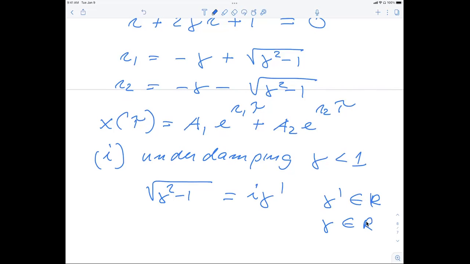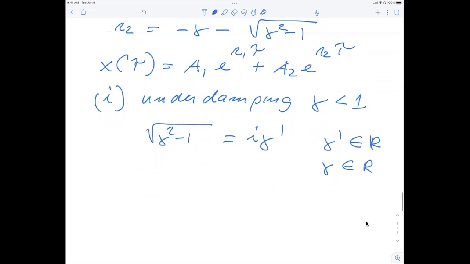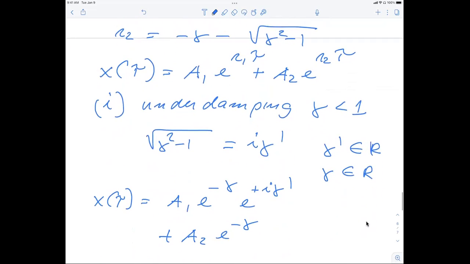So when we have this now, you see that we can rewrite the solution in terms of an A1. So our x of tau becomes equal to A1 times e to the minus gamma times tau, times e to the plus i times gamma prime times tau, plus an A2 times e to the minus gamma times tau. Oops, I'm a little bit sloppy here.